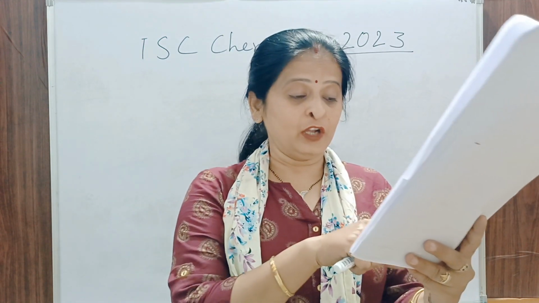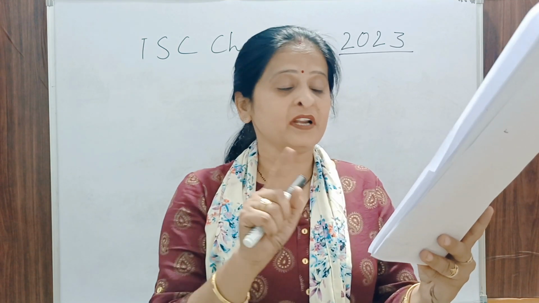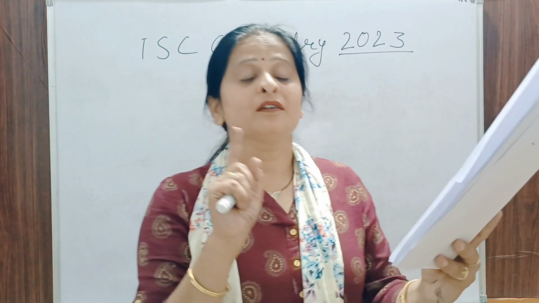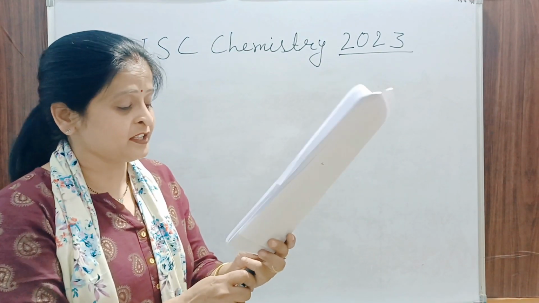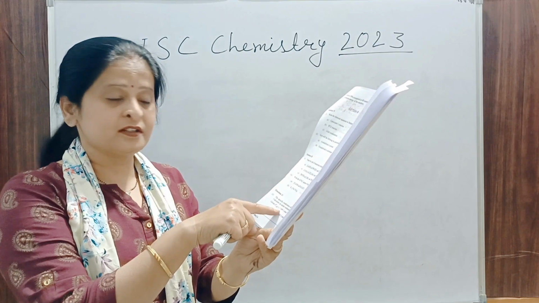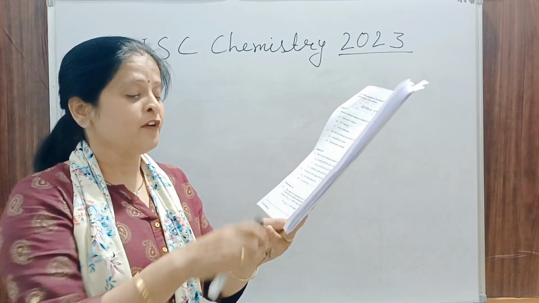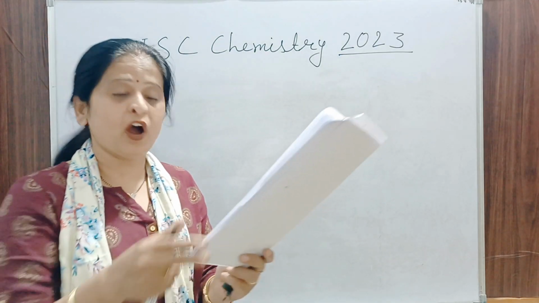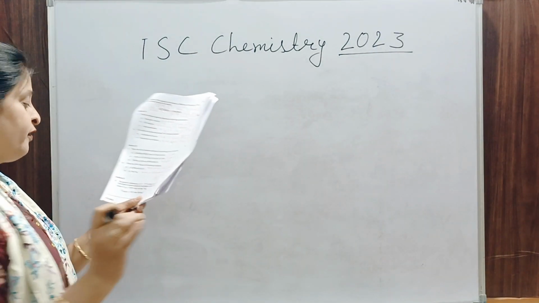Given value is 349.5 per ohm per centimeter square per mole, and again the H plus value 349.5 and HCOO minus value 50.5 is given. So how can we calculate it? That is the molar conductivity.